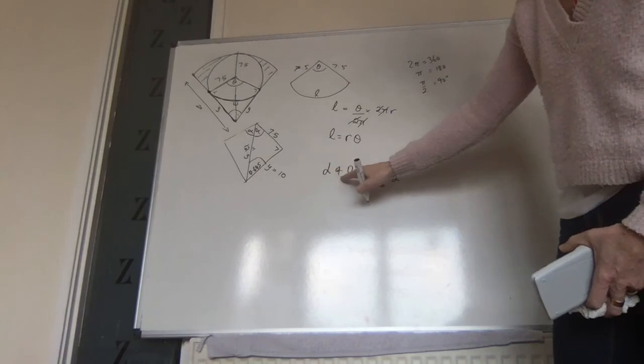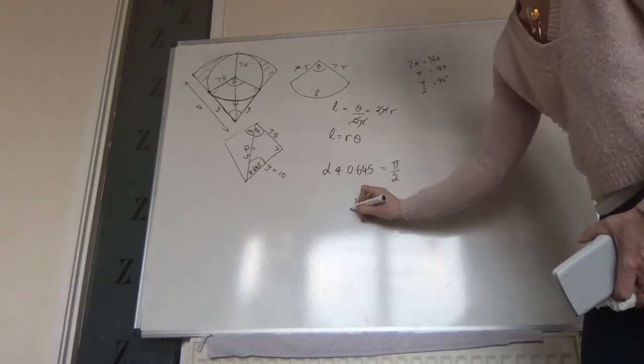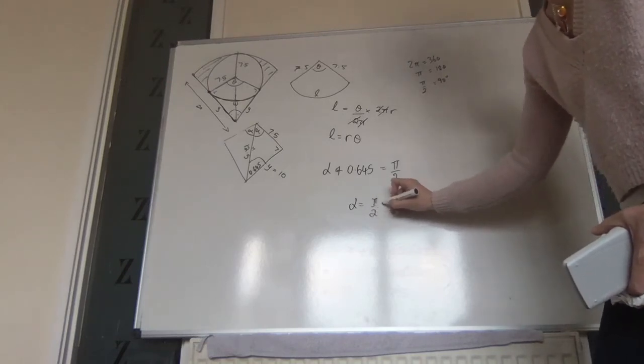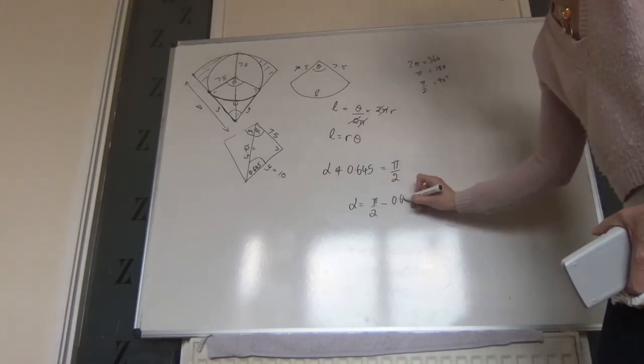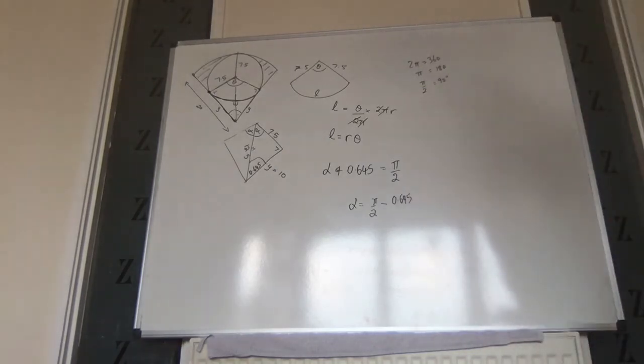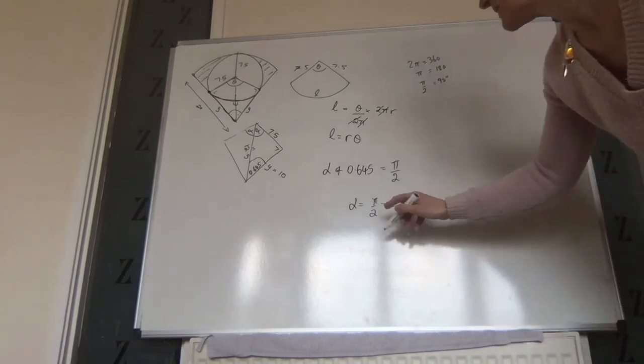So alpha is equal to pi over 2 minus 0.645.